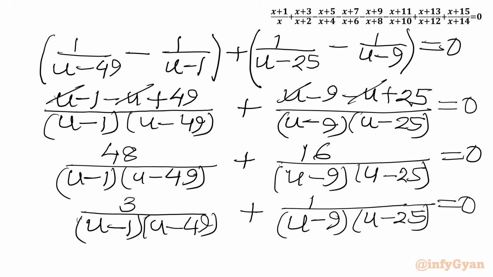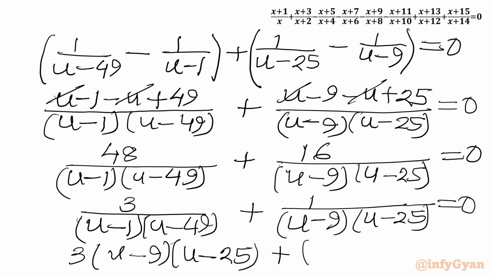Now we have to take LCM. So we can write here 3 times u minus 9 times u minus 25 plus 1 times u minus 1 times u minus 49 equal to 0.